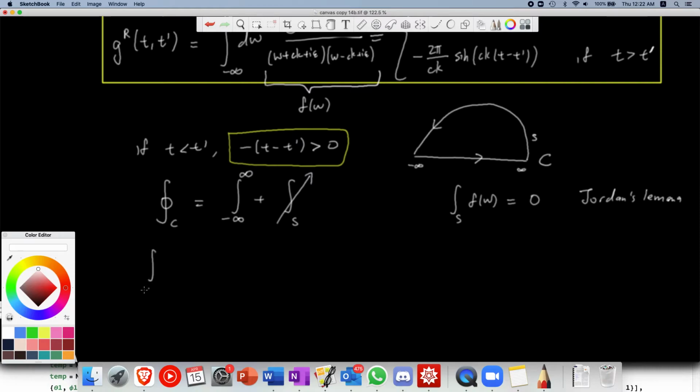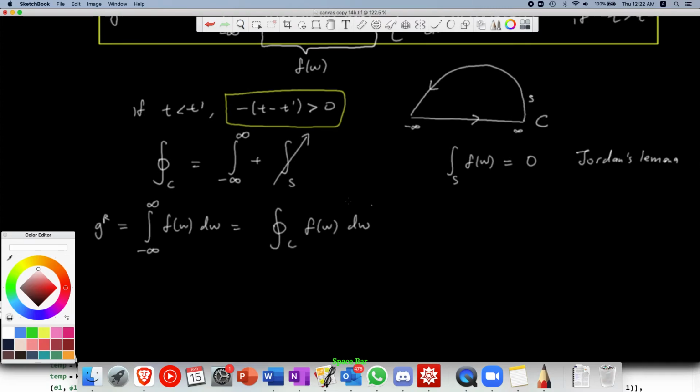We have that the integral that we are interested in evaluating, the retarded propagator, equals the integral of this integrand, and it in turn equals the contour integral of this integrand. So now we just need to evaluate this.